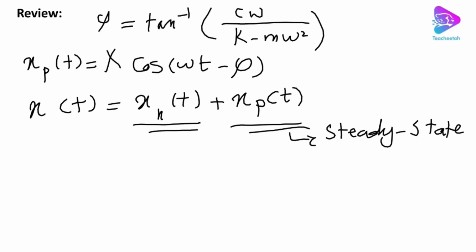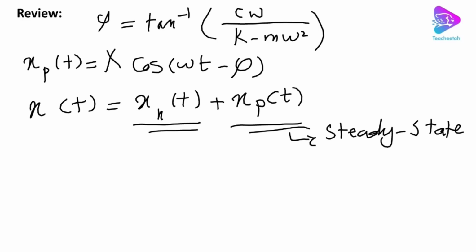The homogeneous part is the response of a damped system in free vibration, which we found in previous tutorials, and we can find its components based on the values in the system.